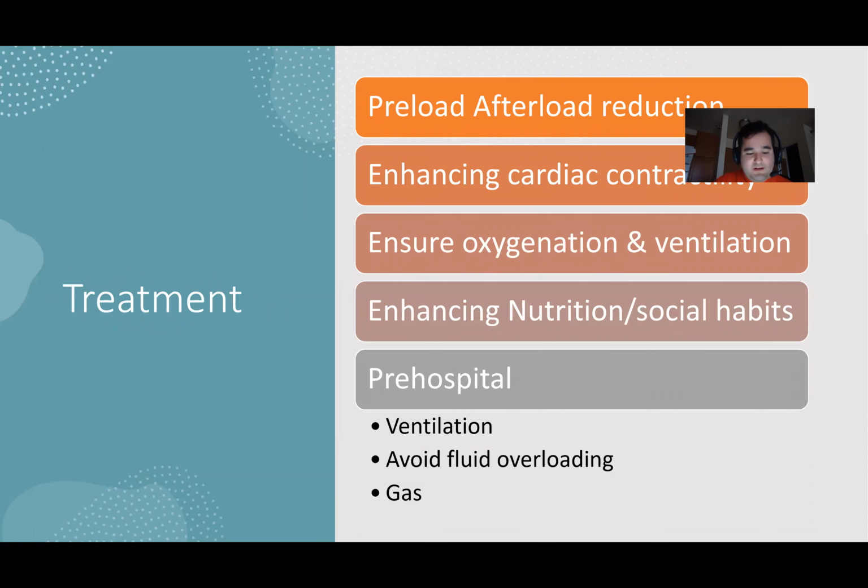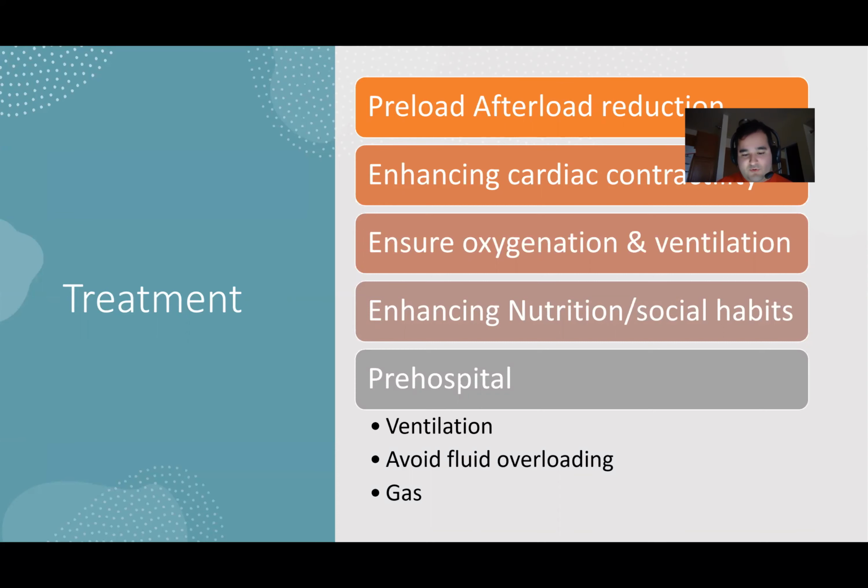That being said, the treatment in pre-hospital or in general really depends on those four factors. We want to reduce preload and afterload. We want to enhance that cardiac contractility, and we really want to ensure the oxygen and ventilation delivery, and really just talking about enhancing nutrition and those social habits. So on our end of things, we can really work on securing that ventilation and oxygenation.